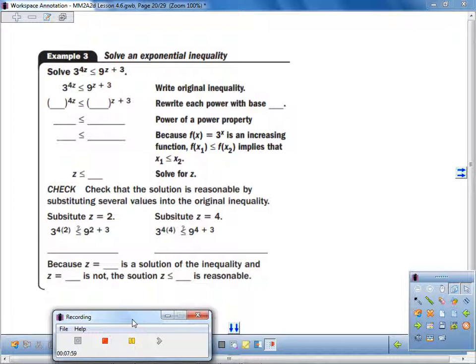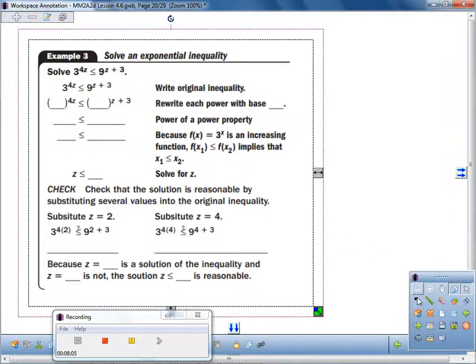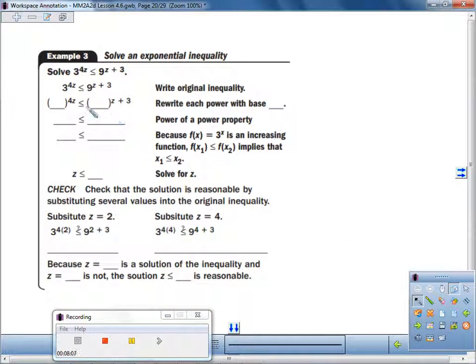Alright, here we're going to do inequalities. That just means there's more than one possible answer usually. Means that there's a range of answers. Similar process. We have 3 as our base here, 9 as our base here. So 3 will stay the same, but we can write this as 3 squared.